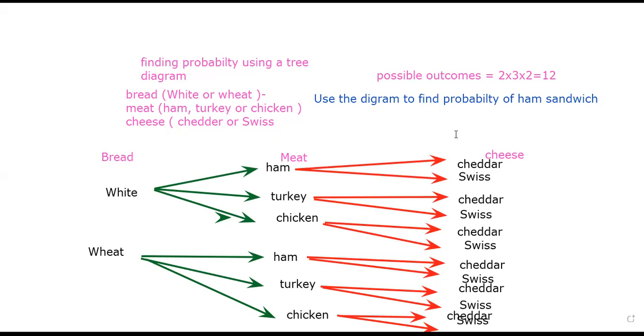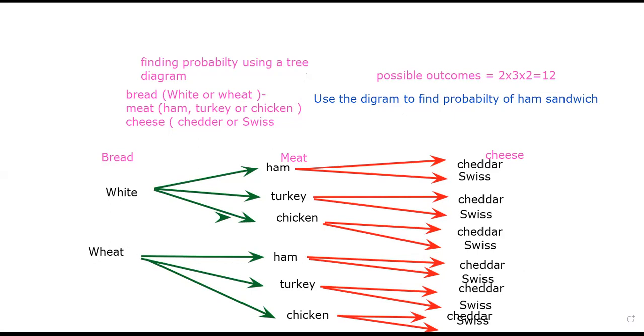Let me check with you. 4 times. Yes, you can choose ham and cheddar, or ham and Swiss. So from the beginning, it could be white, ham, cheddar, or white, ham, Swiss. This is 2. You can also choose wheat, ham, cheddar, or wheat, ham, Swiss.